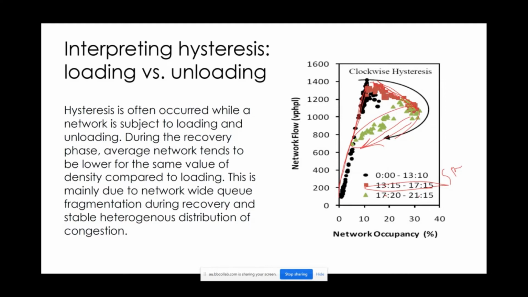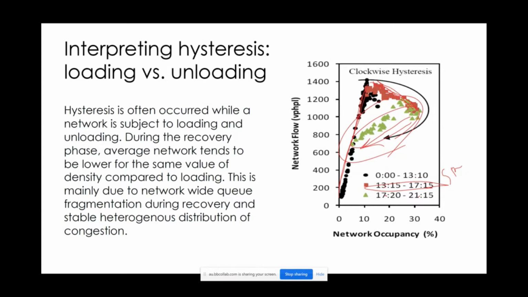But in the early evening, when the network starts recovering, when the network is becoming empty over time as we're getting closer to midnight, traffic seems to be very inhomogeneously distributed here. And that's why this hysteresis happens.